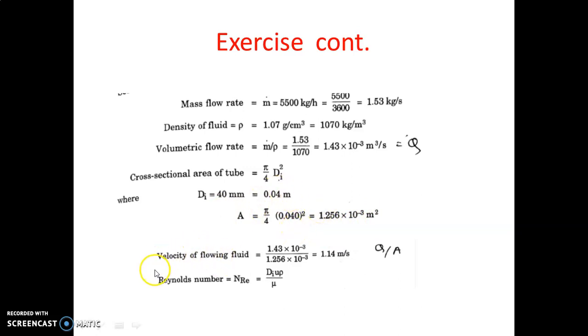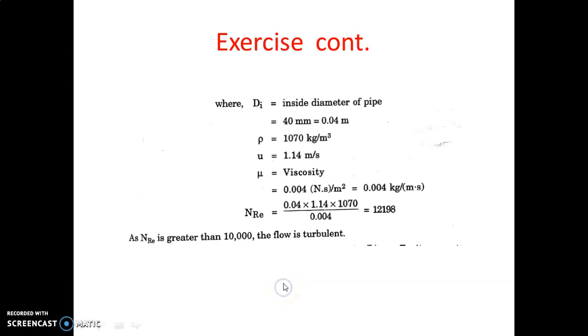Then what is the formula for velocity? Q by A. Q is nothing but volumetric flow rate, and if we divide by the area, we get the velocity, which is equal to 1.14 meter per second. And we have the formula Reynolds number is equal to di u rho by mu. So di is nothing but the inside diameter, u is velocity, rho is density, mu means viscosity.